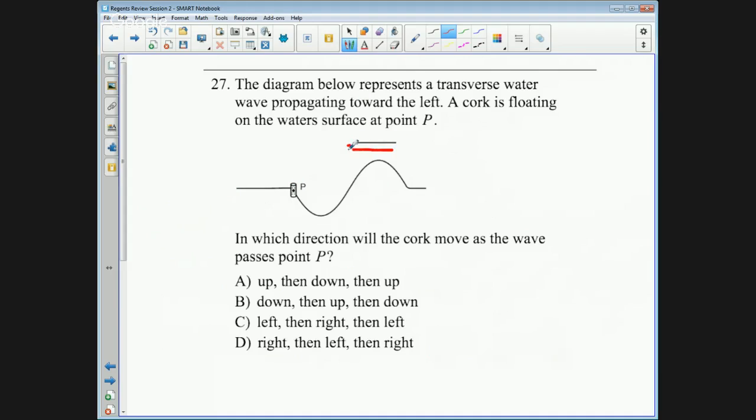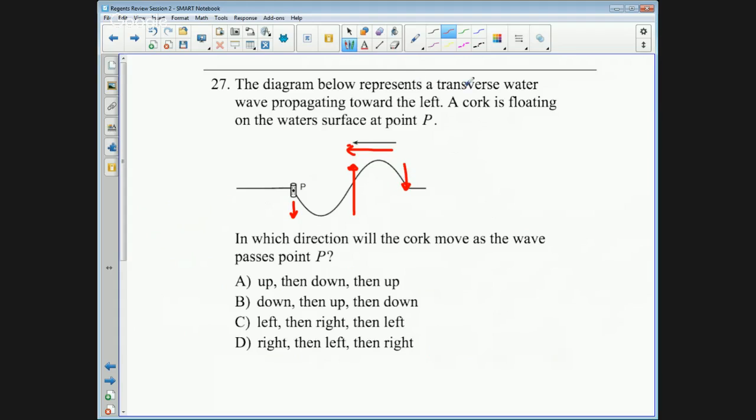It's moving to the left. This whole wave shape is also going to be moving towards the left. So this cork is going to go down, right? It's going to go down this way, and then it's going to go up, right, until it reaches this point, and then it's going to go down again, right?